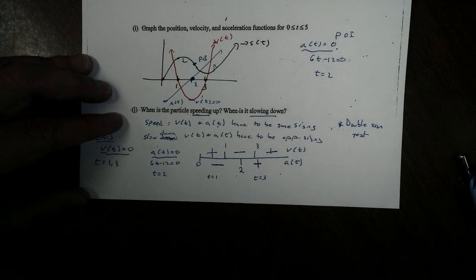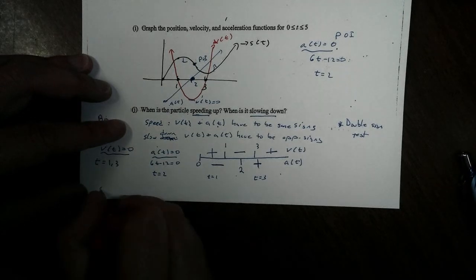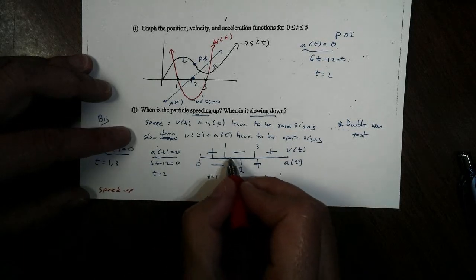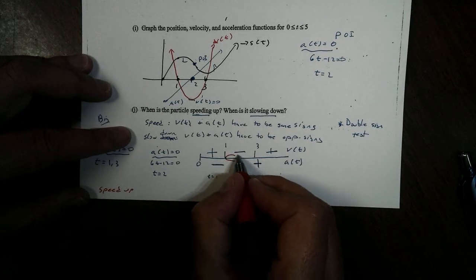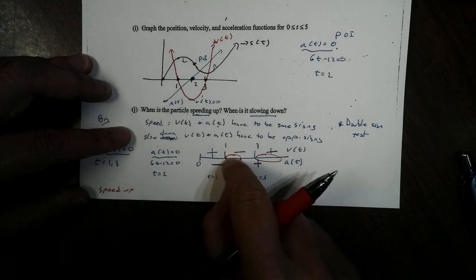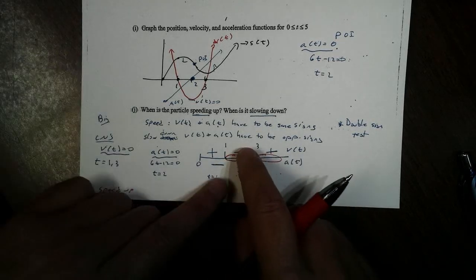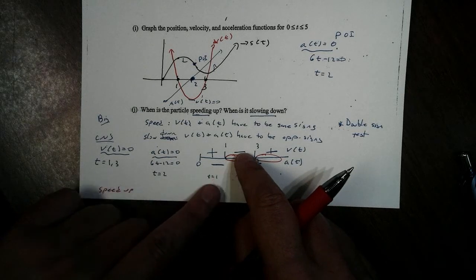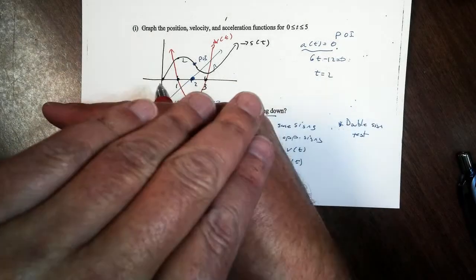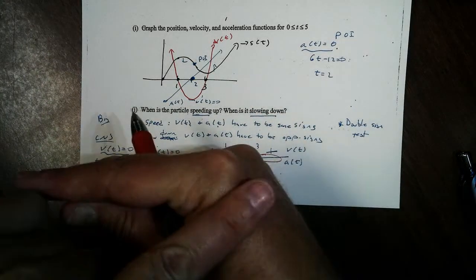When are we speeding up? I'm looking for where the signs are the same. They are the same between 1 and 2, and from 3 to infinity. They could both be negative or both be positive. If they're both negative, the velocity says my car is in reverse, and my acceleration is pushing in reverse, so when I hit the gas, I go faster backwards.